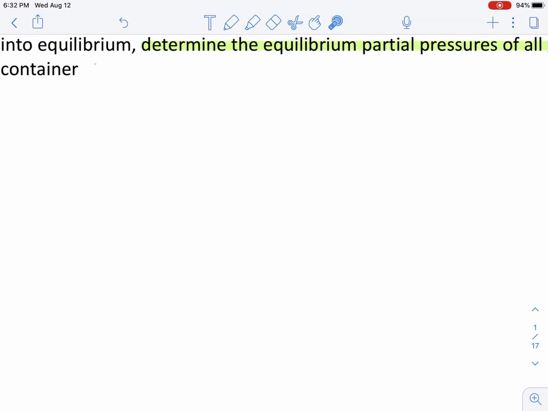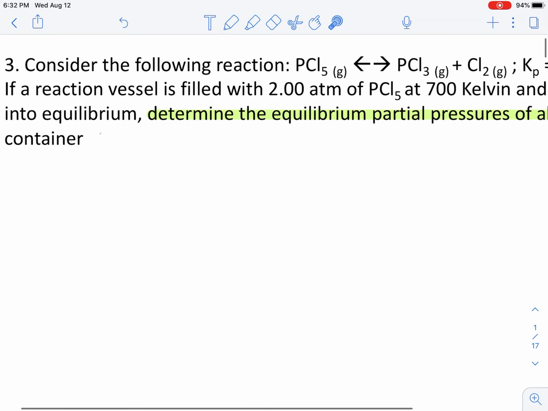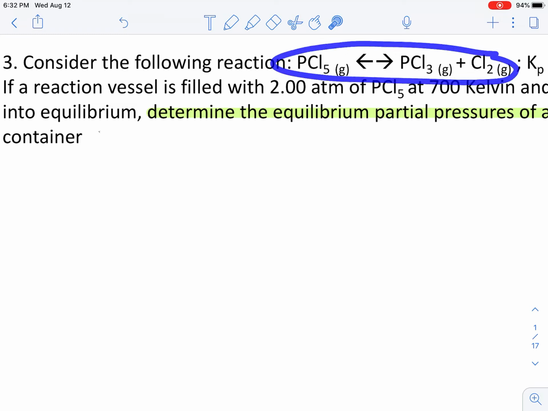So let's go ahead and start there. We're going to start this problem off by writing the mass action expression for this chemical reaction, and from there, we're going to see what else we need to address the question.